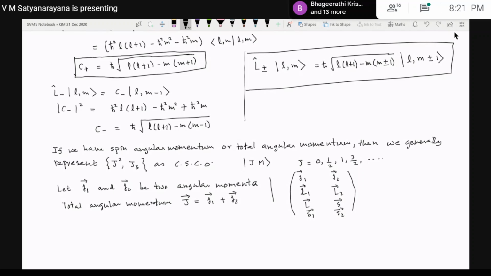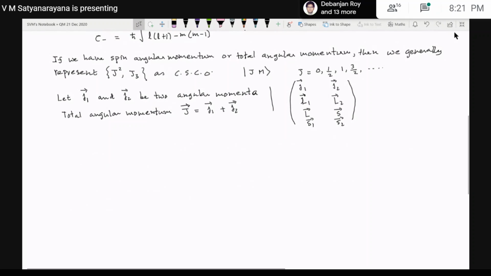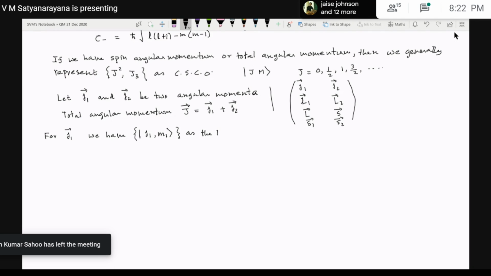Now let's try to look at the structure of the state space. For angular momentum J1, we have |J1, M1⟩ as the set of states, as the basis.